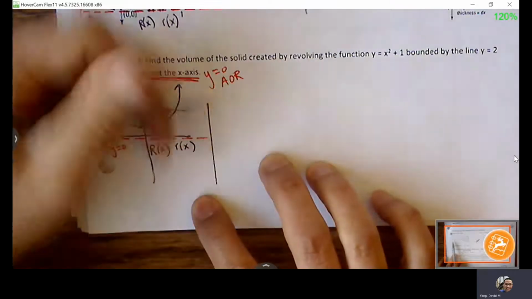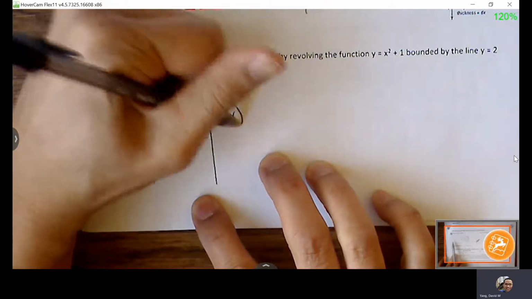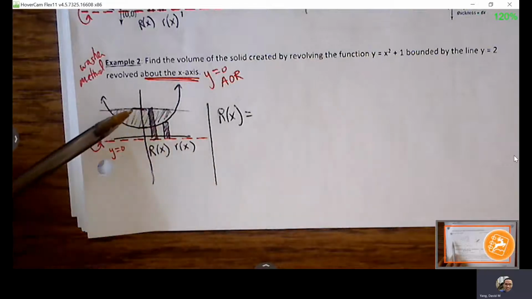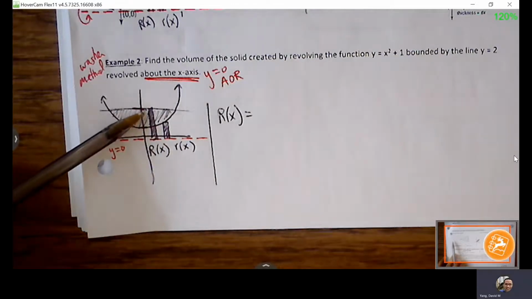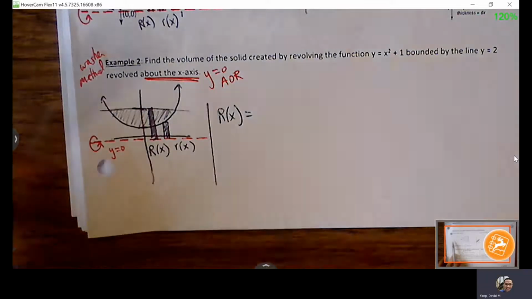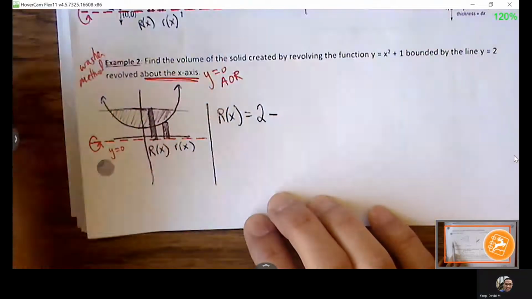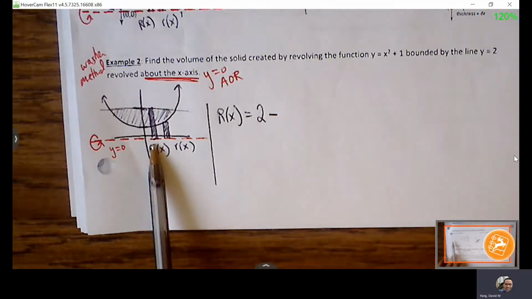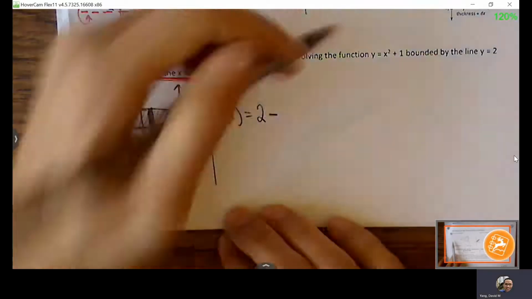All right, let's build our radii. Top minus bottom. What's the top of big radius touching? 2, minus, what's the bottom of big radius touching? 0. 2 minus 0.